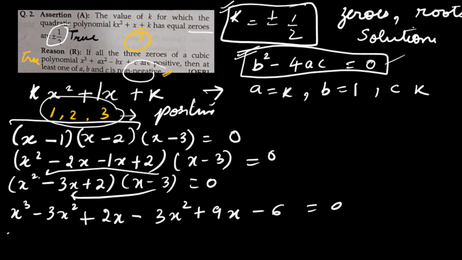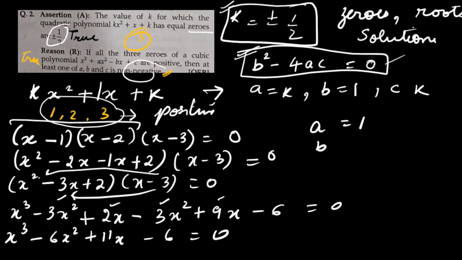So like terms I have x cube, then minus 3 and minus 3 is minus 6x square, then plus 11x minus 6 is equals to 0. Is the multiplication correct now? So A's value we got 1, B's value we got minus 6 and C's value we got plus 11.